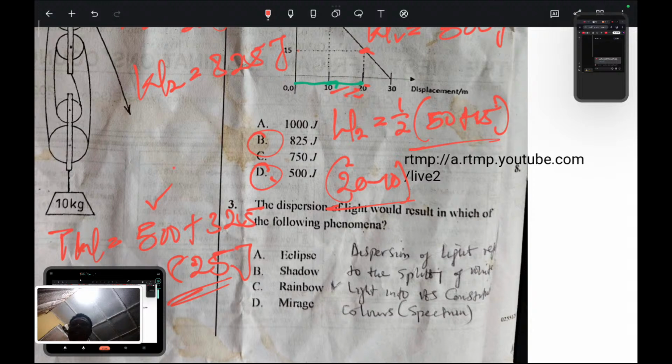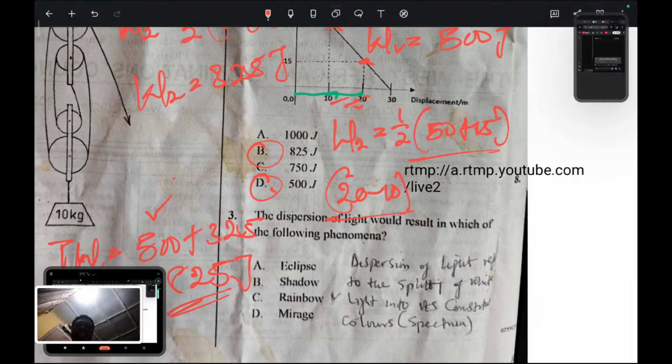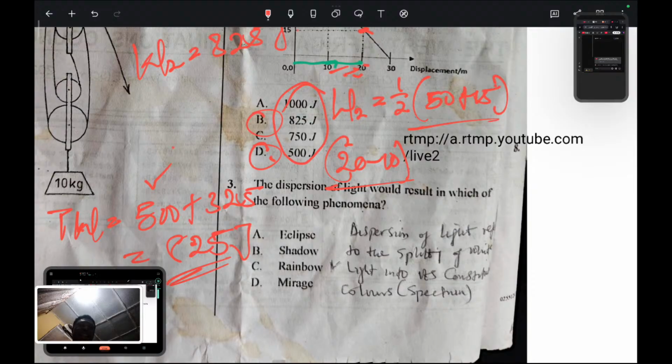So they are not far away from the correct answer. Whichever method you use, this idea is for free.